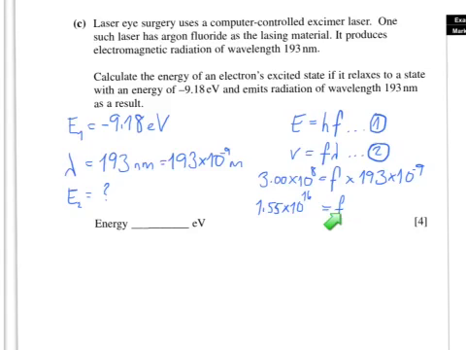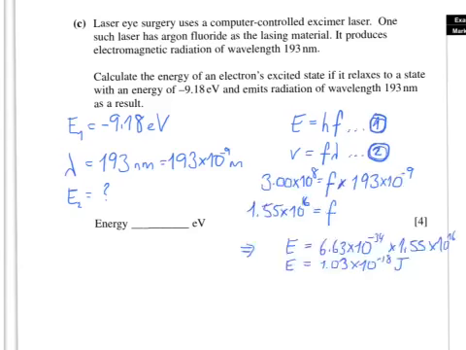Let's then substitute this frequency into the equation with Planck's constant, that equals Planck's constant times the frequency, which gives us 1.03 times 10 to the minus 18 joules. Okay, a very small amount of energy.